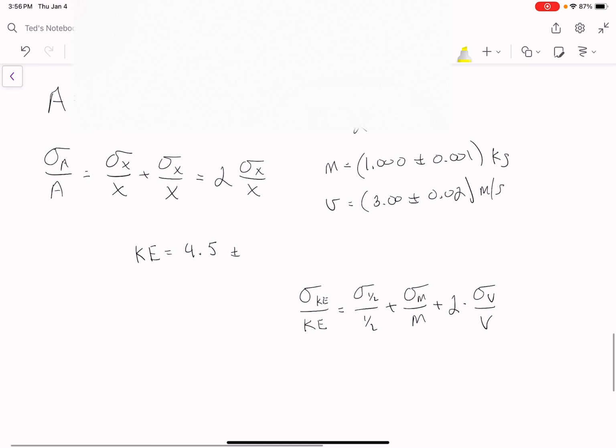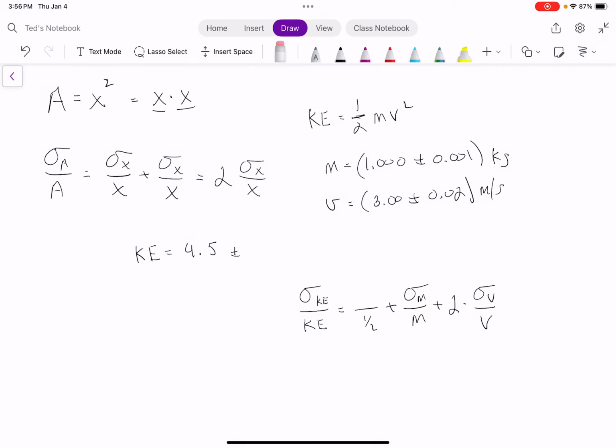Okay, let's look at the 1/2. 1/2 is an exact number, so the uncertainty in 1/2 is 0. And 0 divided by 1/2 is also 0. So I don't need that one. Because 1/2 doesn't have any uncertainty, I could have just skipped that altogether and only include the parts of the equation that actually have uncertainty.